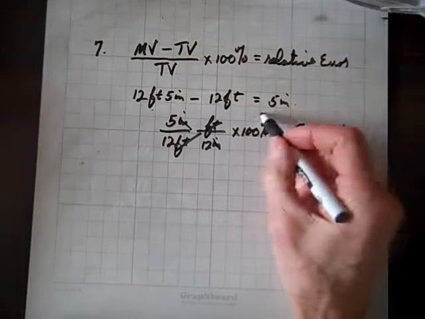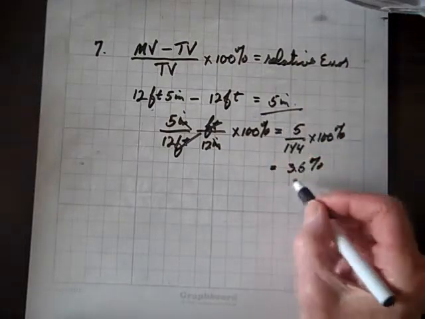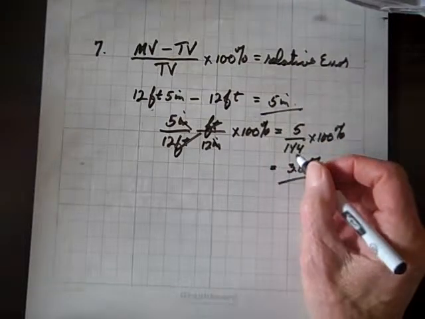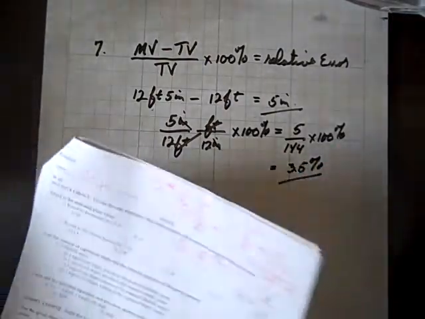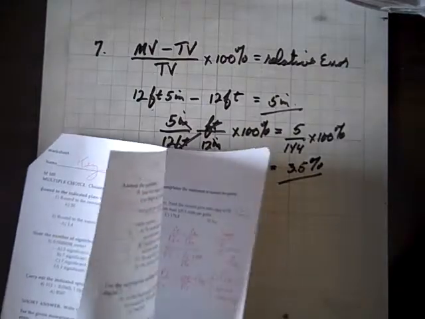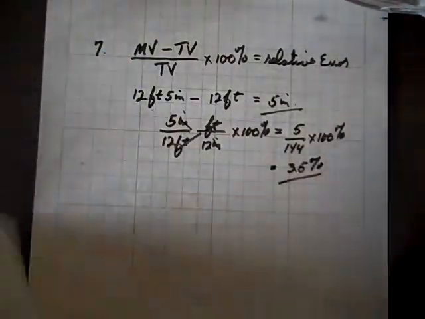So we had an absolute error of 5 inches and a relative error of 3.5%. Now let's go on to question 8.